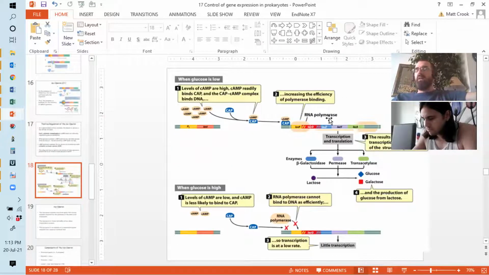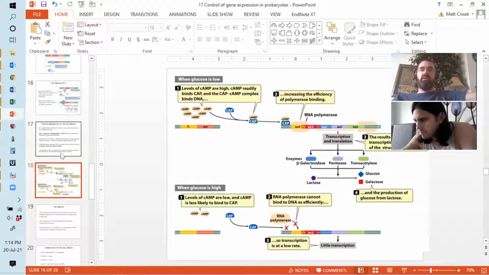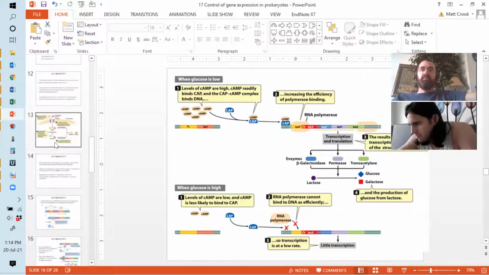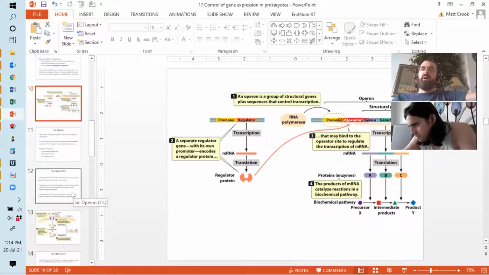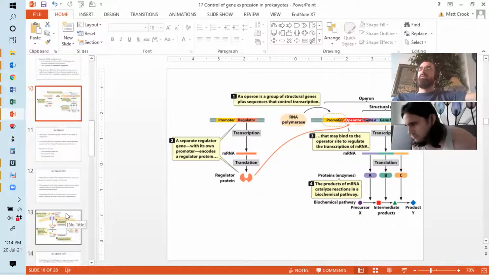Right, so we have our three lac genes, lac Z, lac Y, and lac A, which make these products and generate glucose. We also have our lac I regulator that's going to be over here. And this will bind to the operator in the absence of lactose.